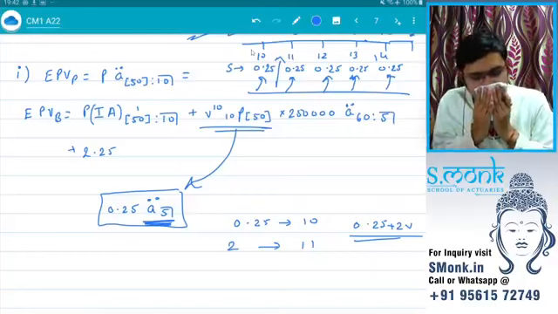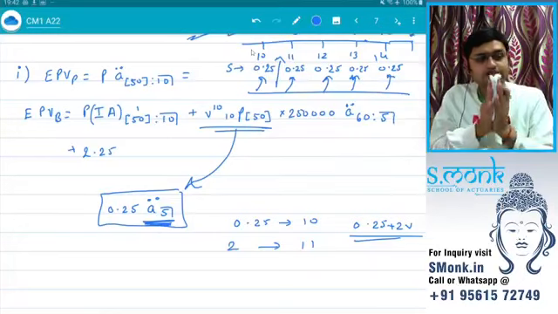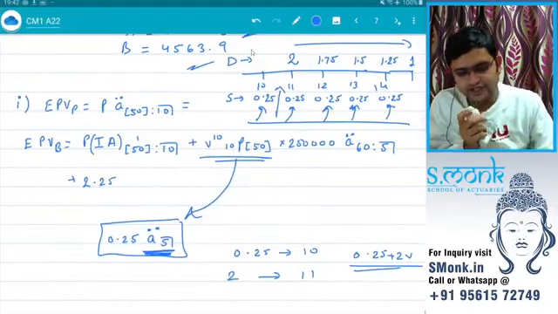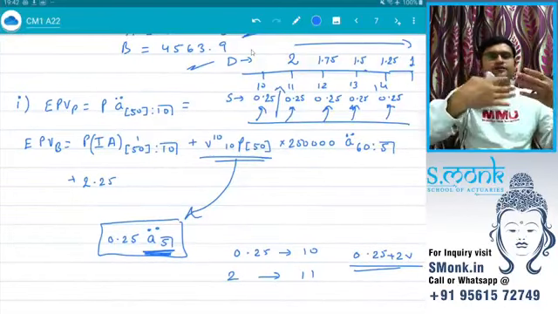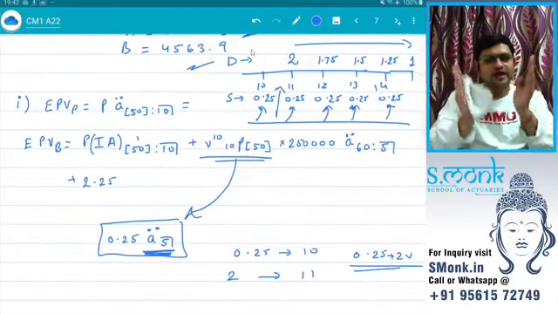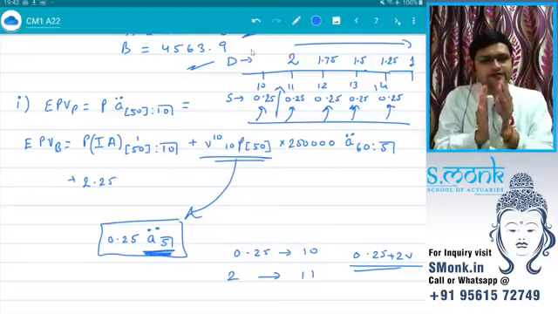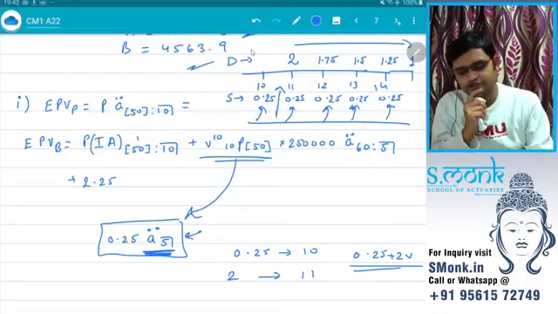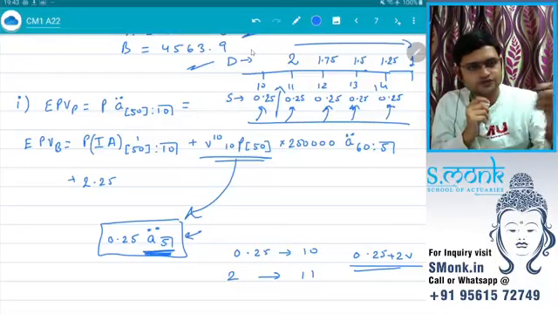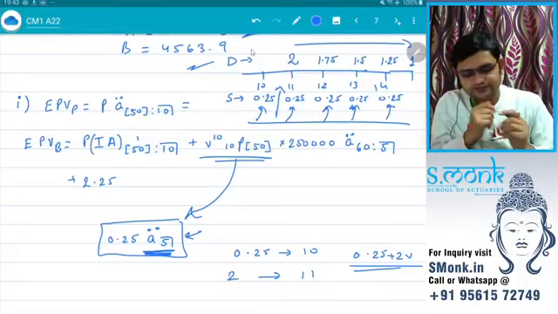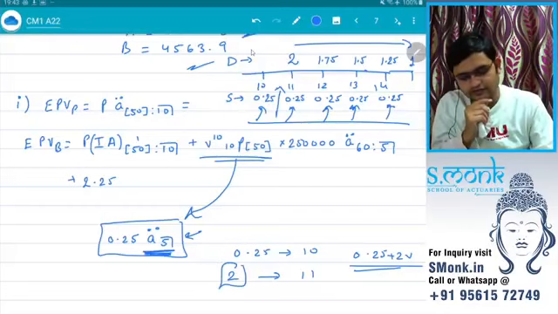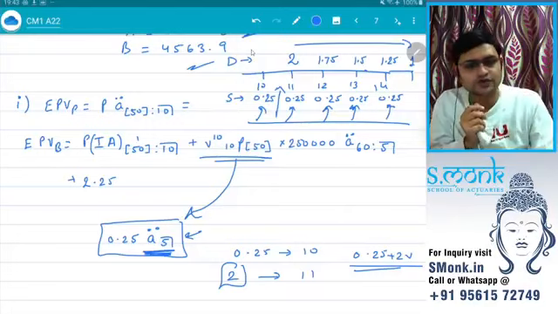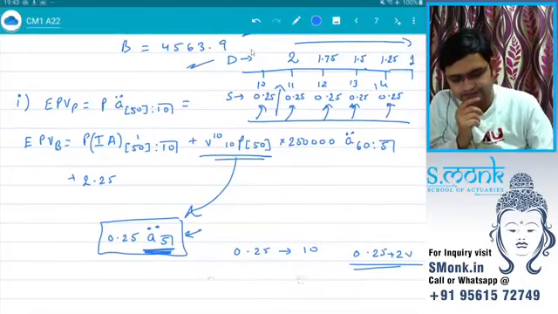So the discounting part is what makes the big difference here, because they said we are giving whatever remaining amount was, we are giving that at the time of the death benefit payment. That is why we cannot write like this, because here we are discounting each one of those values at different times, whereas at death benefit we are giving all of them combined together.